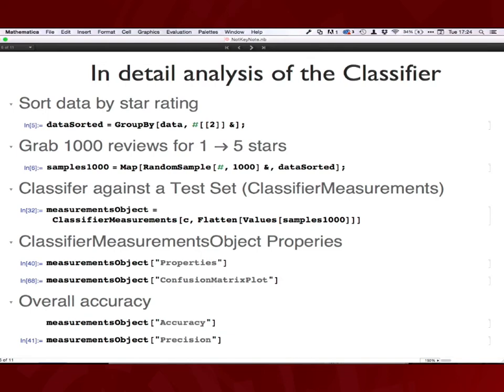So we want to analyze this data, and to do that, we have this function classify measurements. So first of all, I'm going to sort all the reviews that I have into groups of star rating.